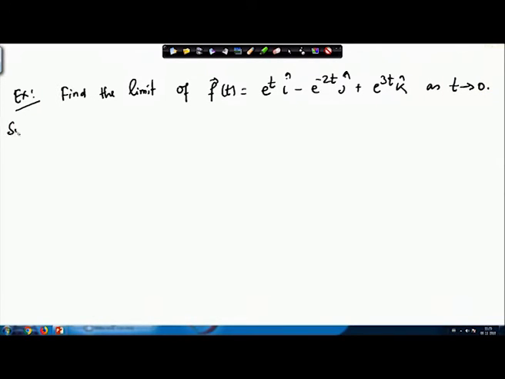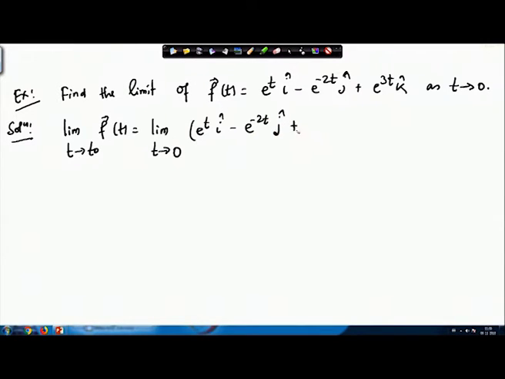Solution: the limit as t goes to t0, which is 0, of f(t) is e to the power t i minus e to the power minus 2t j plus e to the power 3t k. Now we will pass the limits on the individual functions.